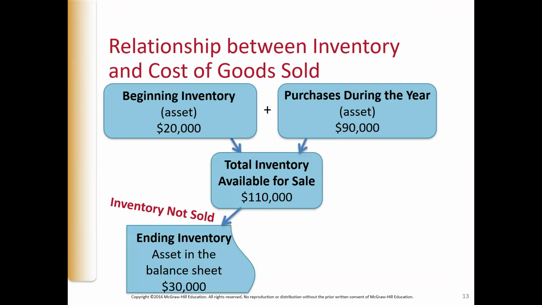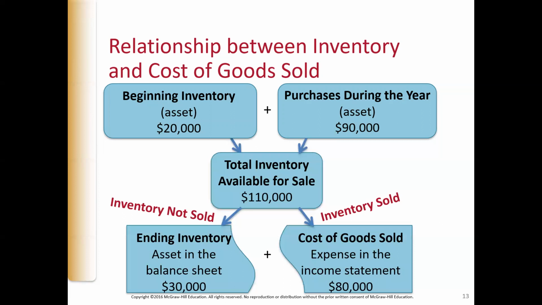Inventory is an asset. We are going to have beginning inventory along with purchases during the year give you total inventory that's ready to be sold. But at the end of the year, it's either still sitting in ending inventory or it's sold. So know this slide.